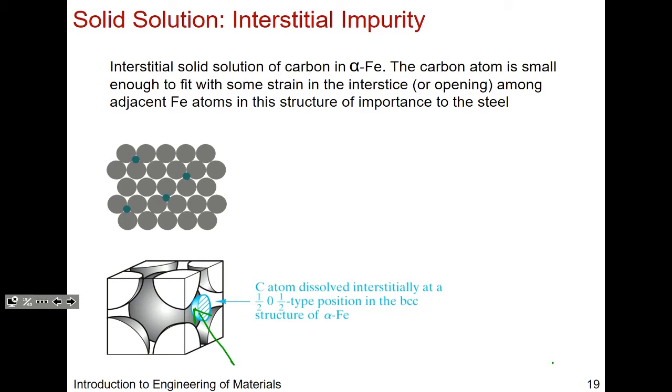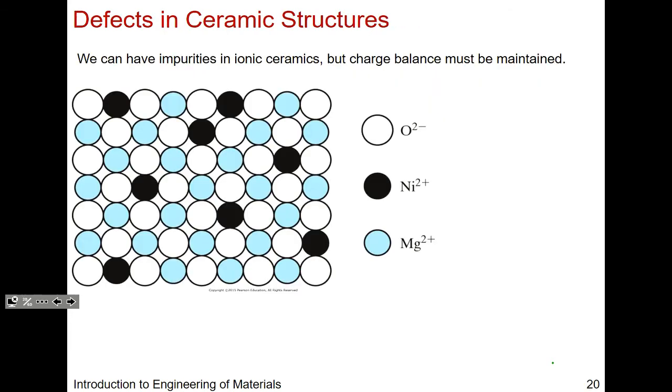We give up maybe a little bit of strength in some areas, but corrosion resistance is more important sometimes. So anyway, the interstitials, even though it's a tiny atom, it absolutely changes the landscape in terms of mechanical properties.